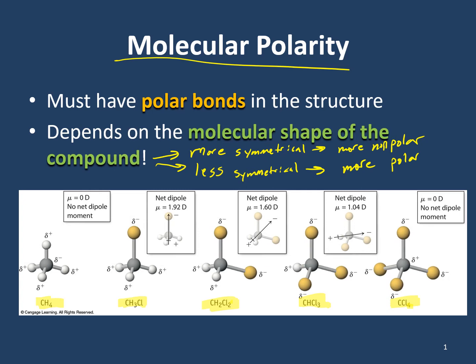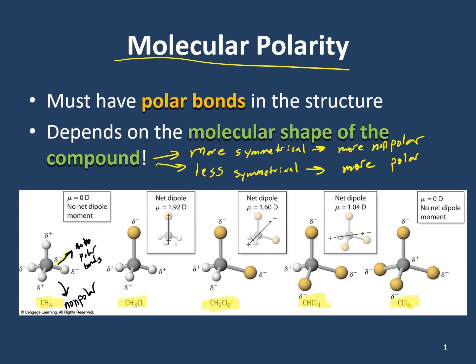And one of the things we talked about is that C-H bonds, what we have here, are not polar. So there are no polar bonds in this molecule. This means this molecule is a non-polar molecule by default.